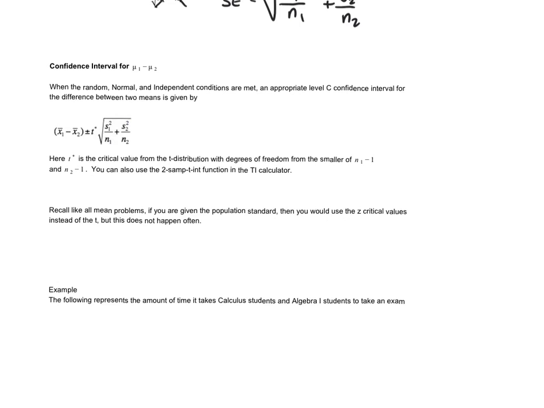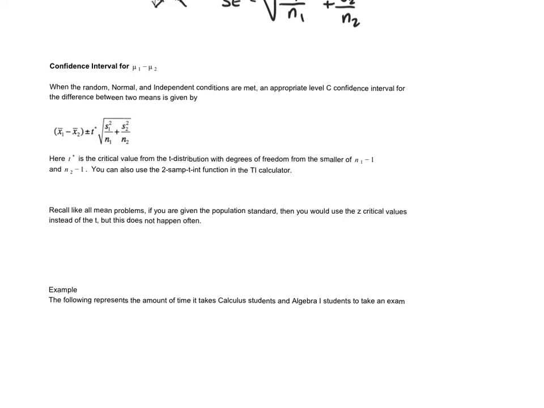Similarly to everything we've done, you have to have normal conditions, where both are over 30 or it's assumed to be normal. They have to be independent, so one group doesn't influence the values of the other group. And then finally, we have to figure out the appropriate confidence level and the appropriate degrees of freedom to get that confidence level.